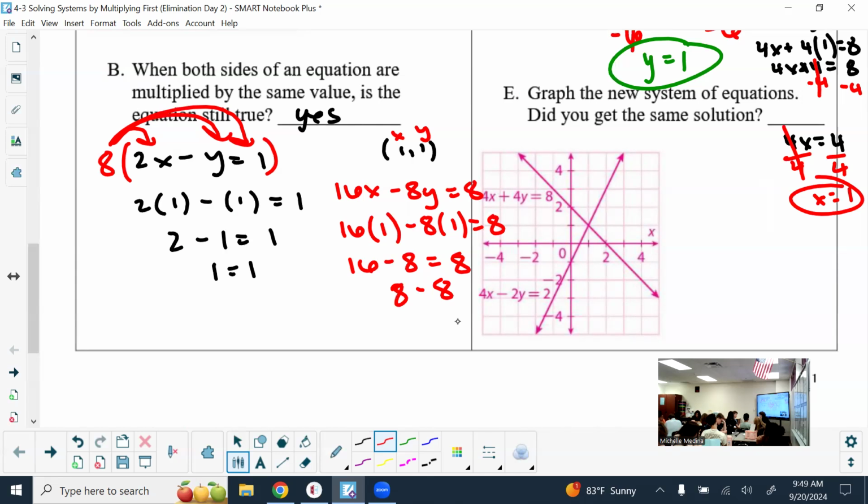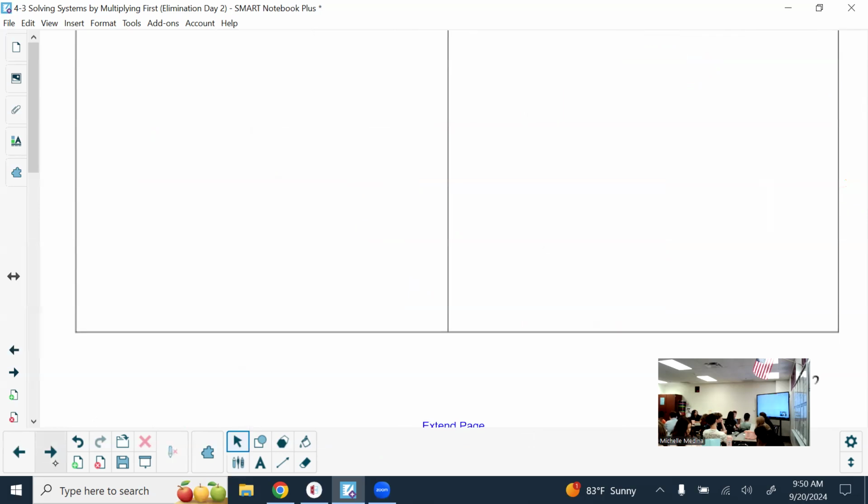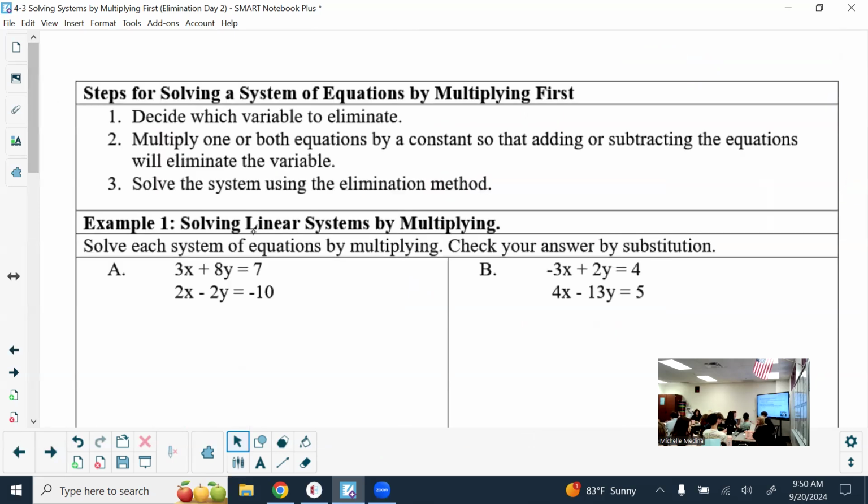So now we're going to practice it, because like I said, although you could use graphing to just find your final answer, the test questions aren't necessarily going to always ask you for your final answers, as you might have seen from the practice. All right, so here's the steps typed out for you.